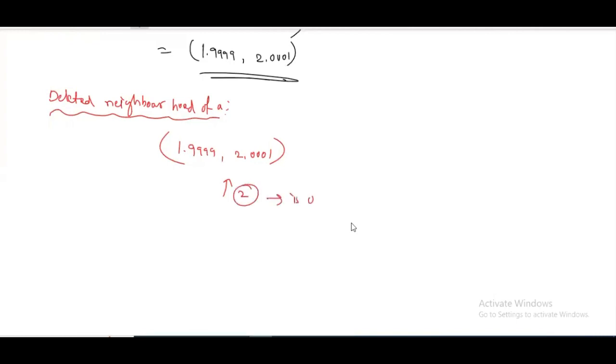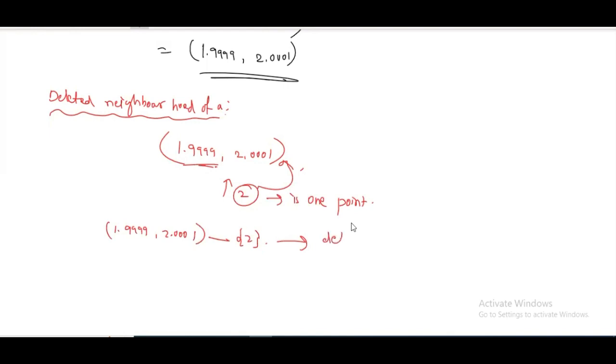2 is one point of this interval, right? So if I delete this 2 from the interval, that is, from (1.9999, 2.0001) I remove the 2, then it is called a deleted neighborhood of the point 2.